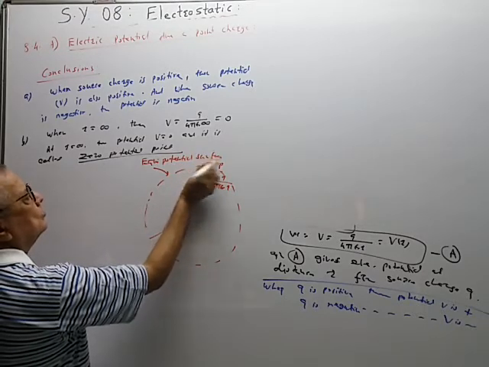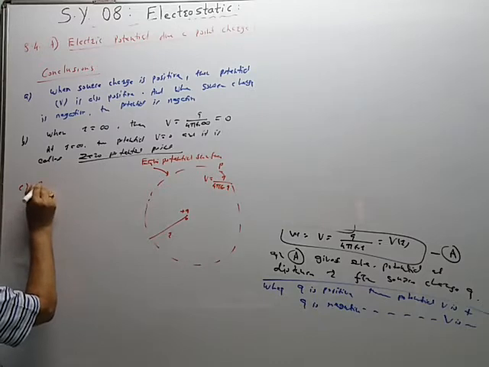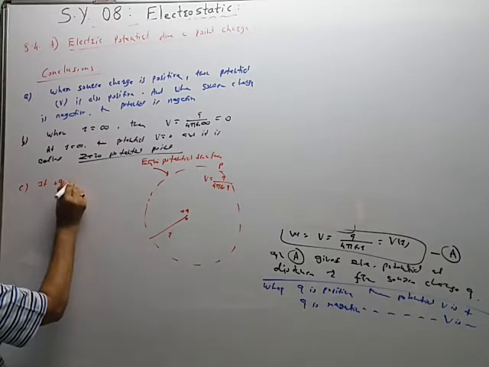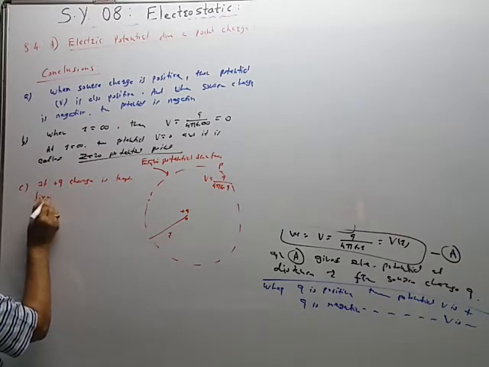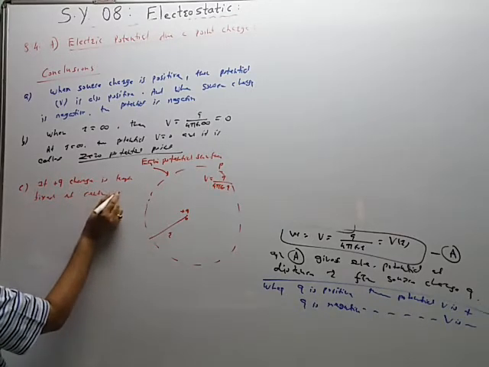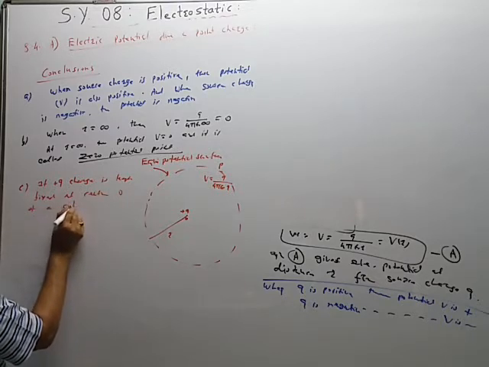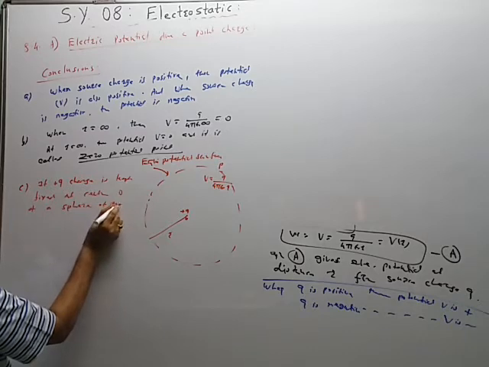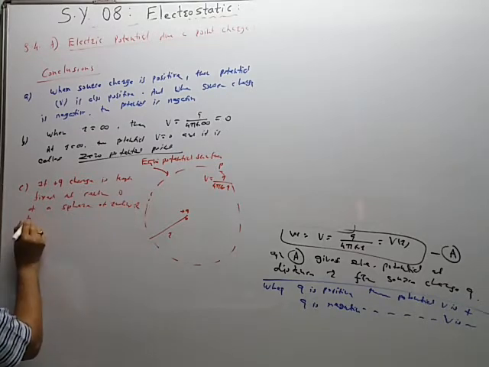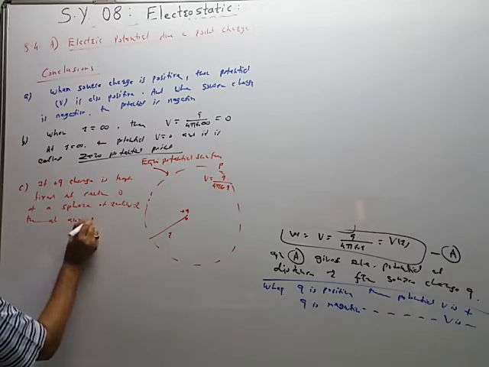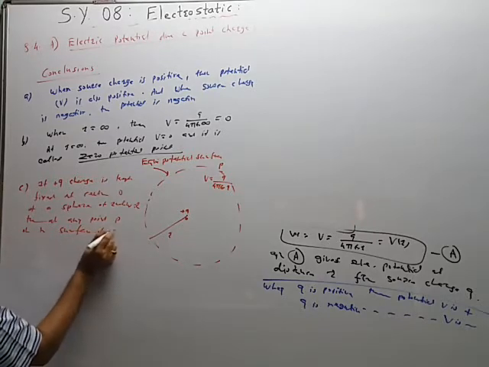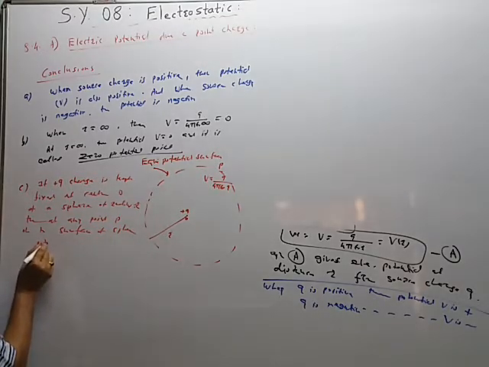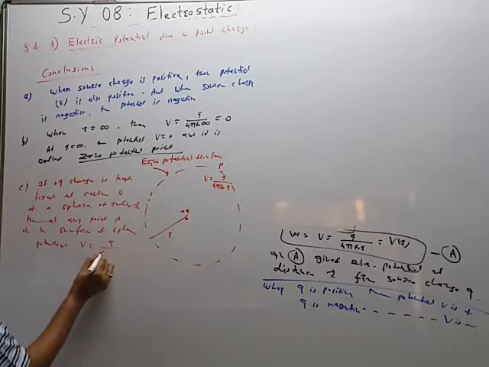Equipotential surface. If plus q charge is kept fixed at center O of a sphere of radius r, then at any point P on the surface of the sphere, potential V is equal to Q upon 4 pi epsilon naught r, the same.